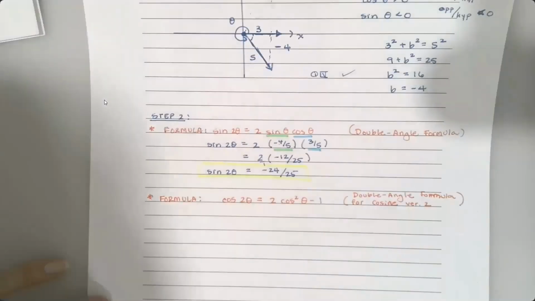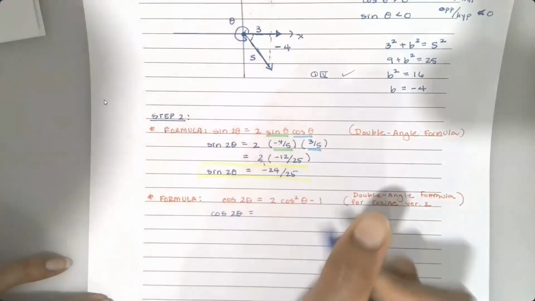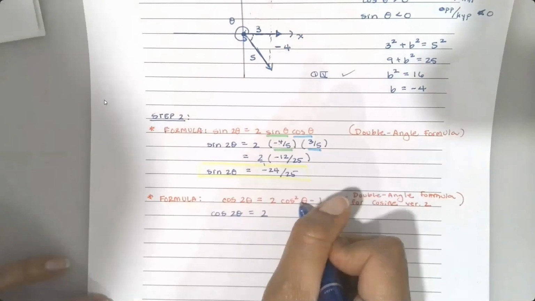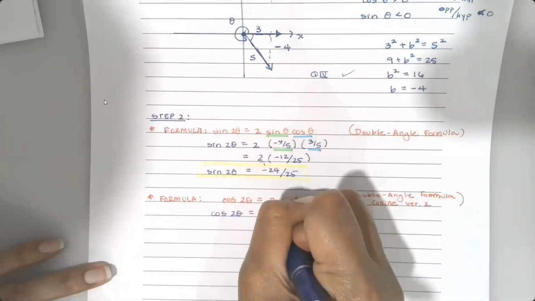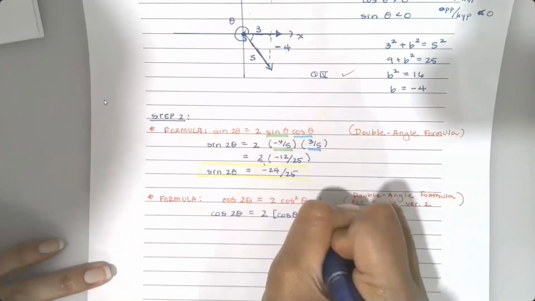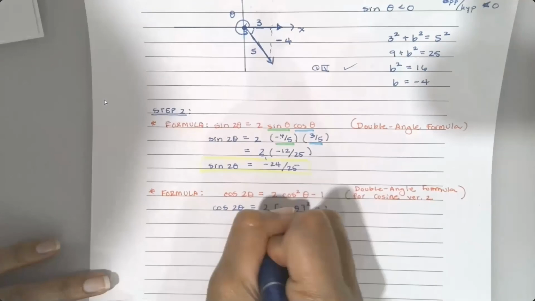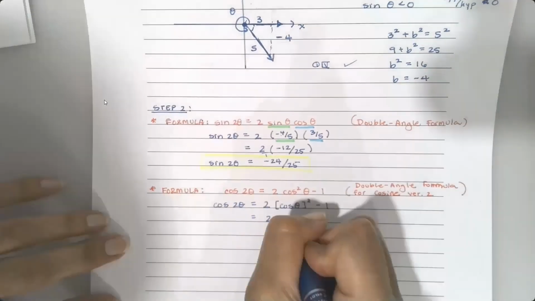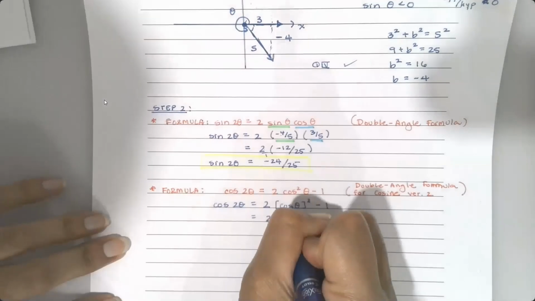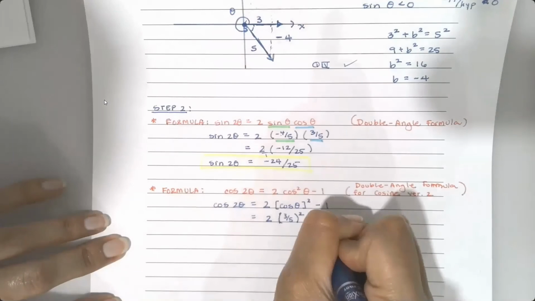Okay, so now applying it, remember that when we have this notation, cosine squared, it actually means take cosine of the angle theta and then square the result and then have minus 1. Okay, so this is going to be 2 times cosine theta, which was given to us as 3/5. So we're going to write (3/5) squared minus 1.